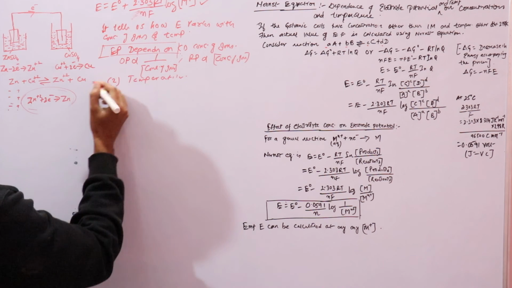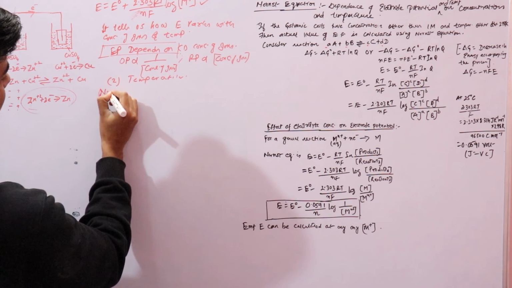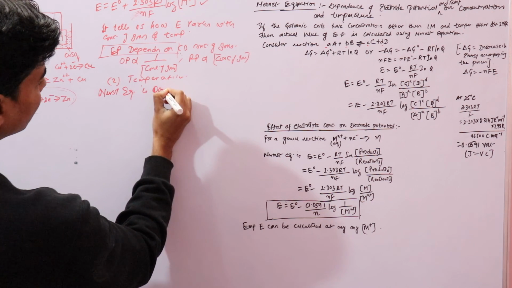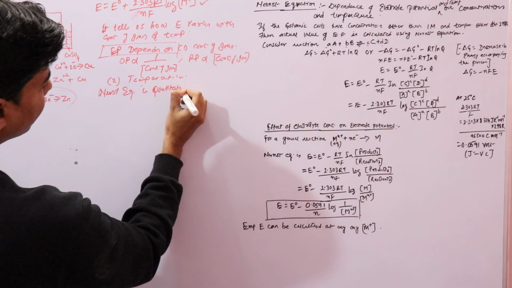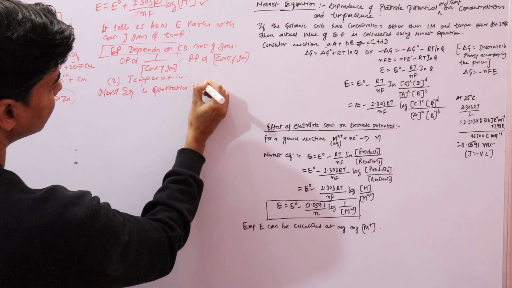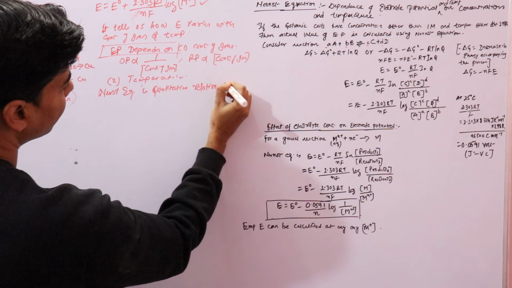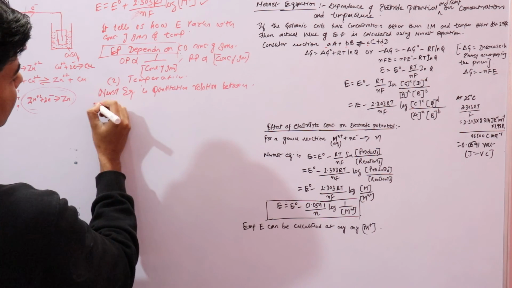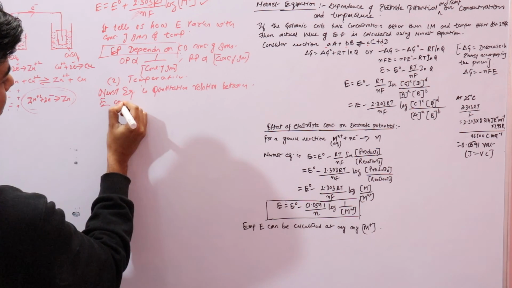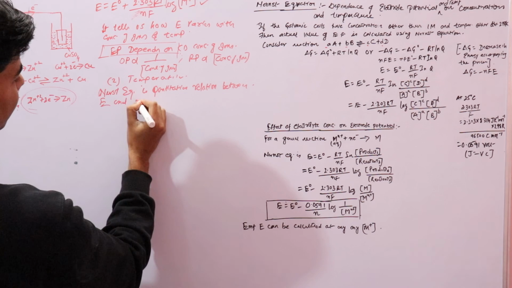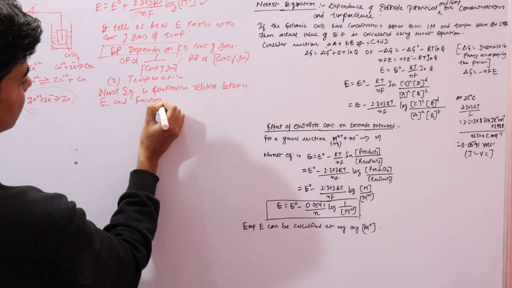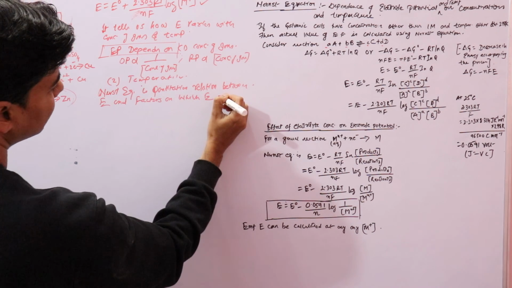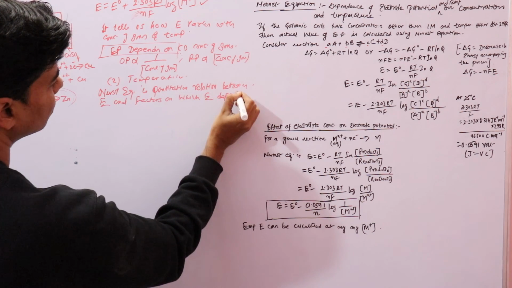So the Nernst equation is the quantitative relation between electrode potential and the factors on which E, that is electrode potential, depends.